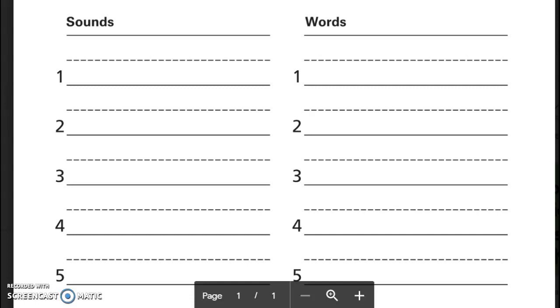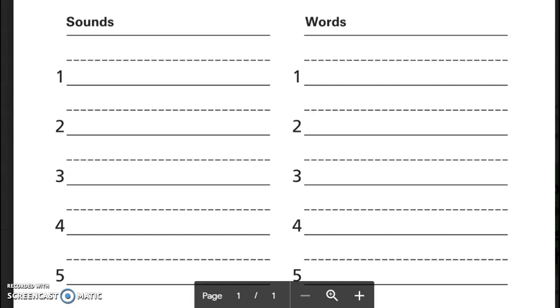Hen. E, n, hen. Sat. A, t, sat. Went. W, e, n, t, went. Ten. T, e, n, ten. Camp.